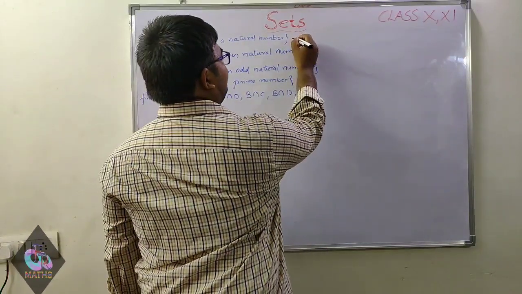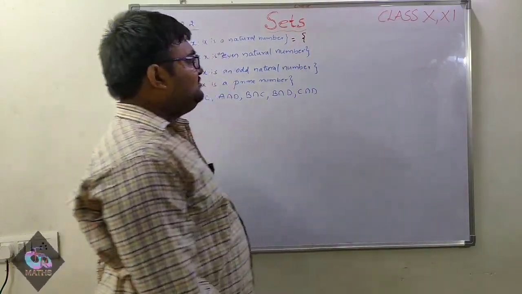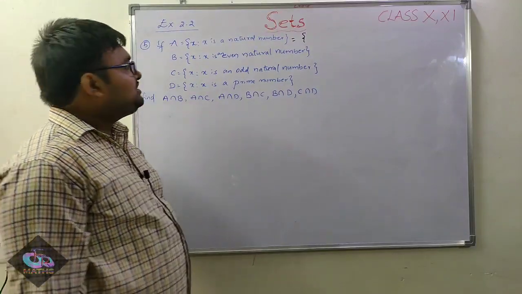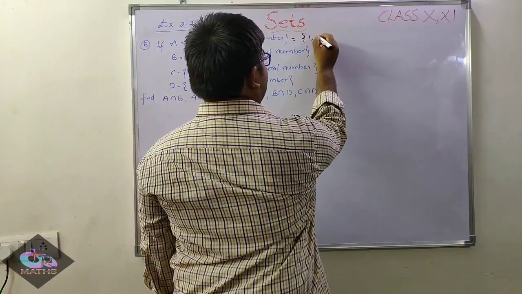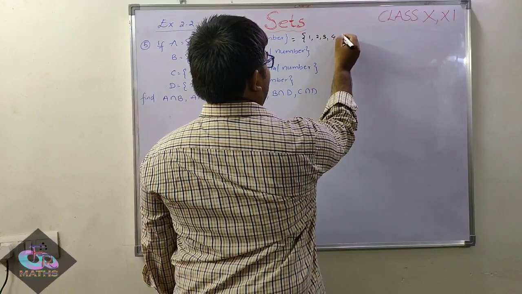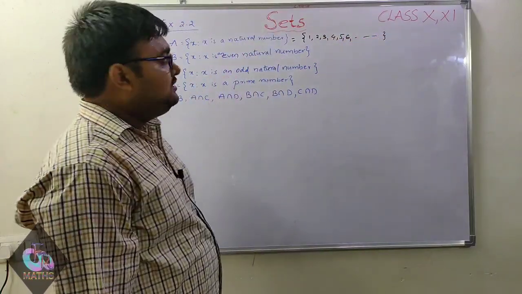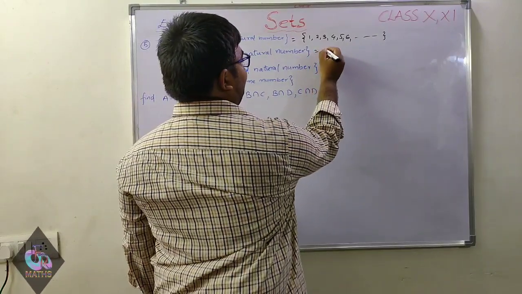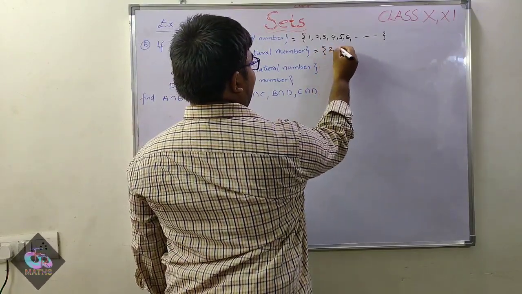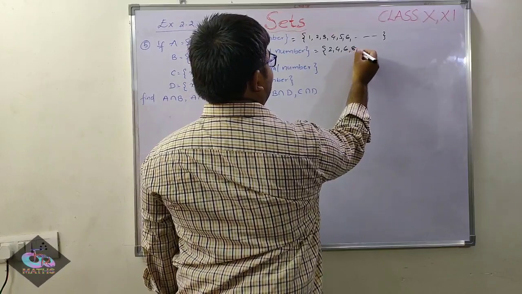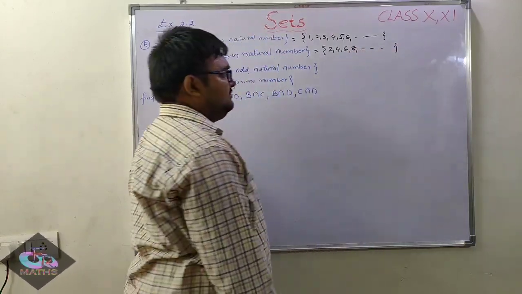Now let us see the roster forms. The roster form of set A is the set of 1, 2, 3, 4, 5, 6 and so on to infinity. The same way set B can be written as the set of 2, 4, 6, 8 and so on.